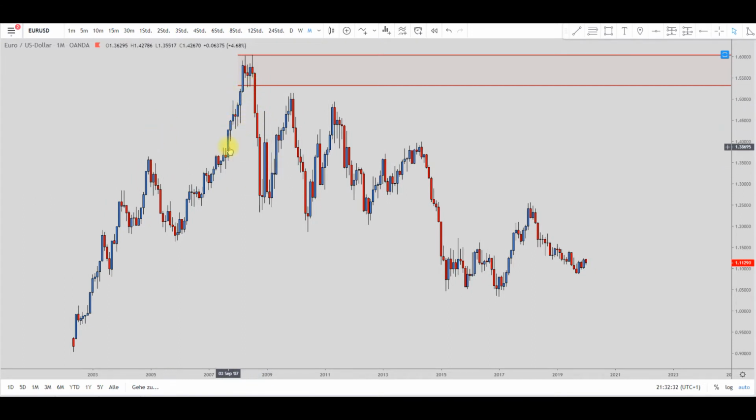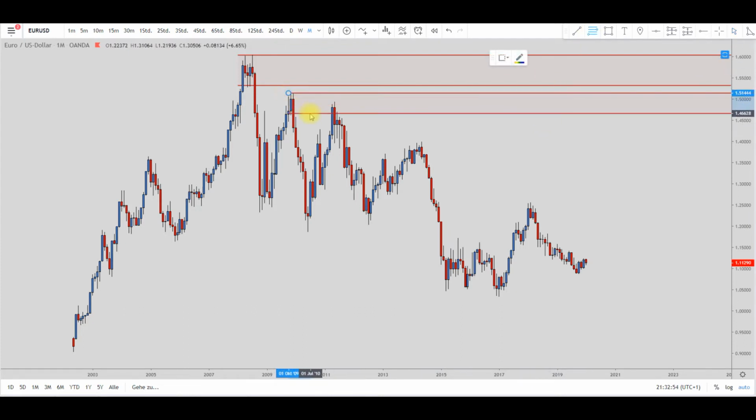It took out a lot of demand zones on the left with this really strong down move, went into demand, went back, didn't hit supply and made another low. That makes this one another supply level.